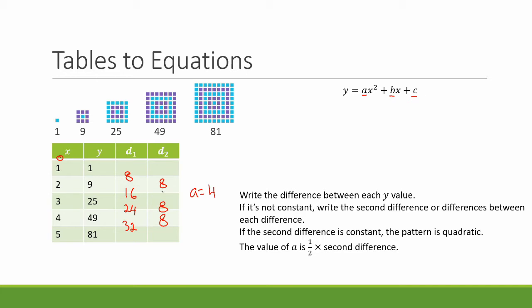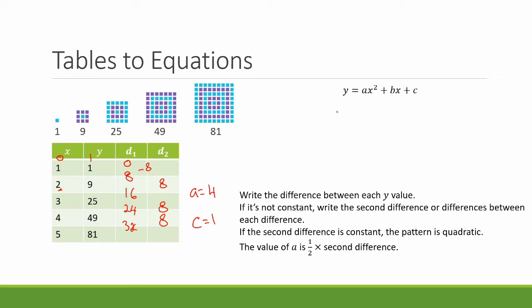So here we have a difference of 8, 16, 24, 32, and that's going up in 8s. So actually we're going to make our new difference 8 smaller, and so our new difference is actually going to be 0. So the difference between this value and the value before it is going to be 0. So our y value when x is 0 is also a 1. So now we know our c value is 1.